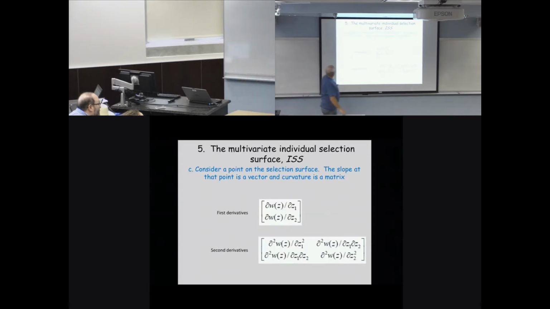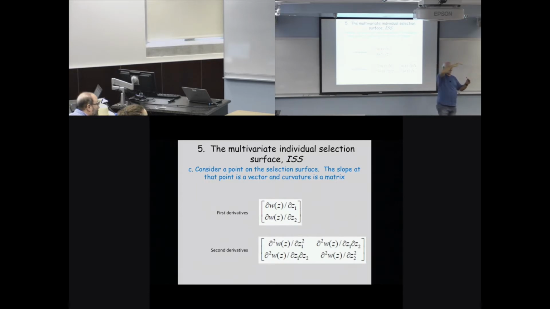All right, so where are we here? Now we want to think about these first derivatives and second derivatives on the individual selection surface. So let's think about our notation. When you think of a point on the surface in 2 dimensions, you've got 2 trait dimensions, so there's more than one slope at that point. It's a vector: a slope in the trait 1 dimension and a slope in the trait 2 dimension. And when you think about the second derivative, less obviously, it's also a matrix.